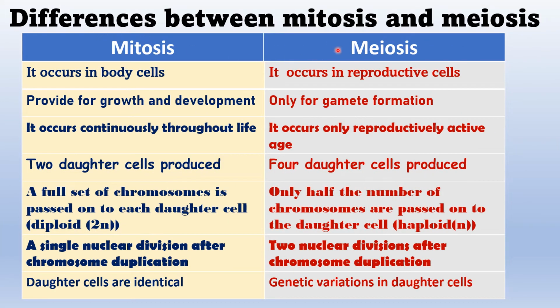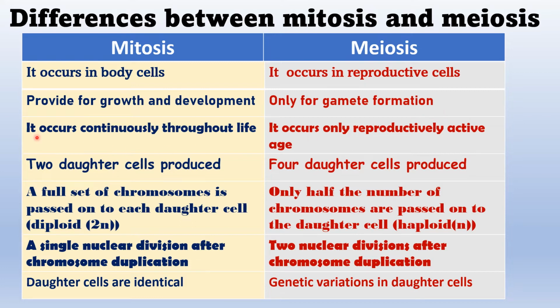What are the differences between mitosis and meiosis? Mitosis occurs in body cells. Meiosis occurs in reproductive cells. Mitosis provides for growth and development, but meiosis only for gamete formation.